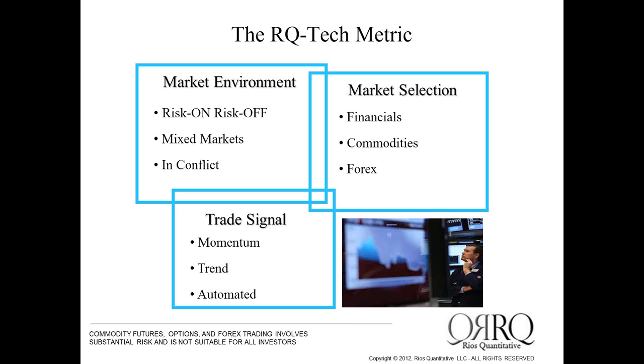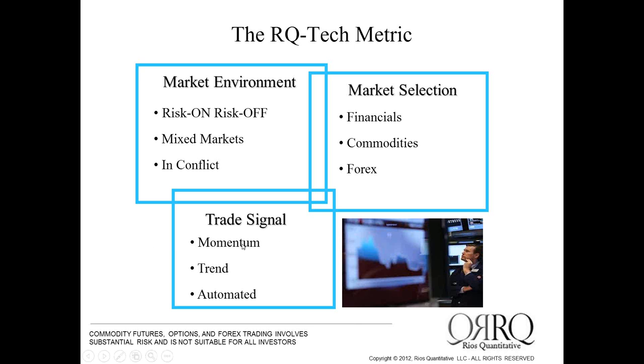Have I lost anybody, or am I on target so far? Is everybody following? Step one, trading environment. Know what the risk on or risk off environment is, or mixed or in conflict. Once you know that, you know which asset class to look to. After you are looking into a specific asset class, you're determining where the setup is based on what trade signal you have, and we have three.